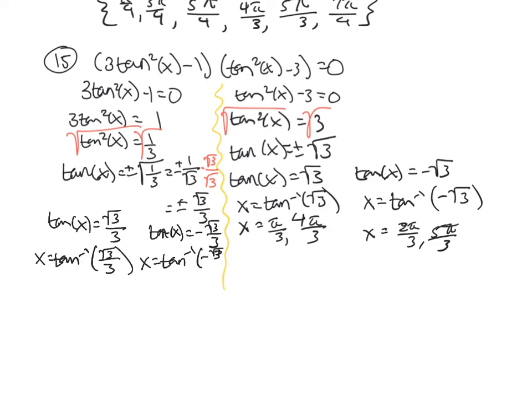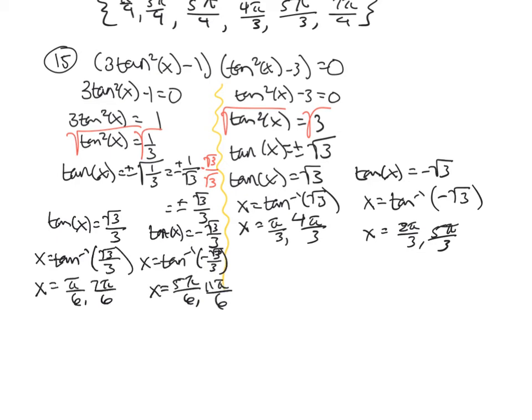And feel free to pause the video at any time in case you just want to do the work for yourself. But I'll just tell you that right now the answers for your positive side are pi over 6 and 7 pi over 6. And your answers for your negative side are going to be 5 pi over 6 and 11 pi over 6.